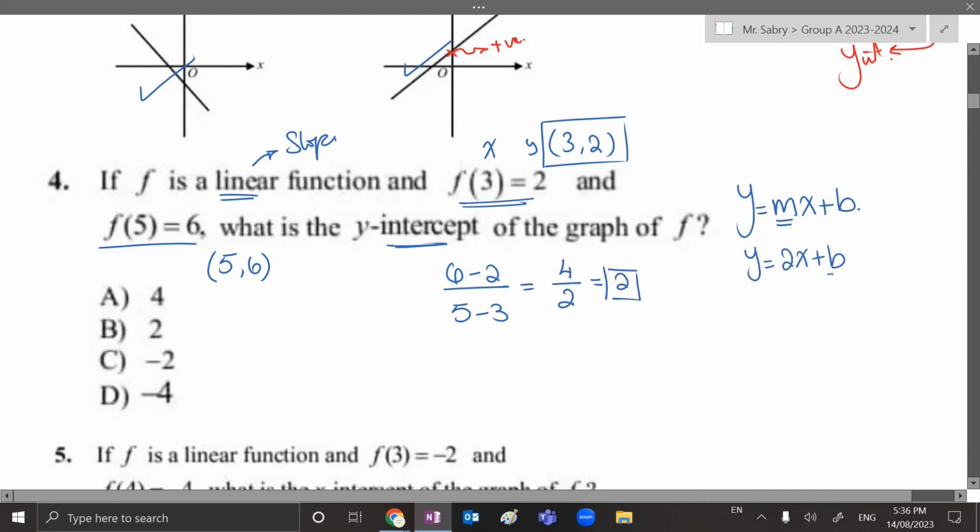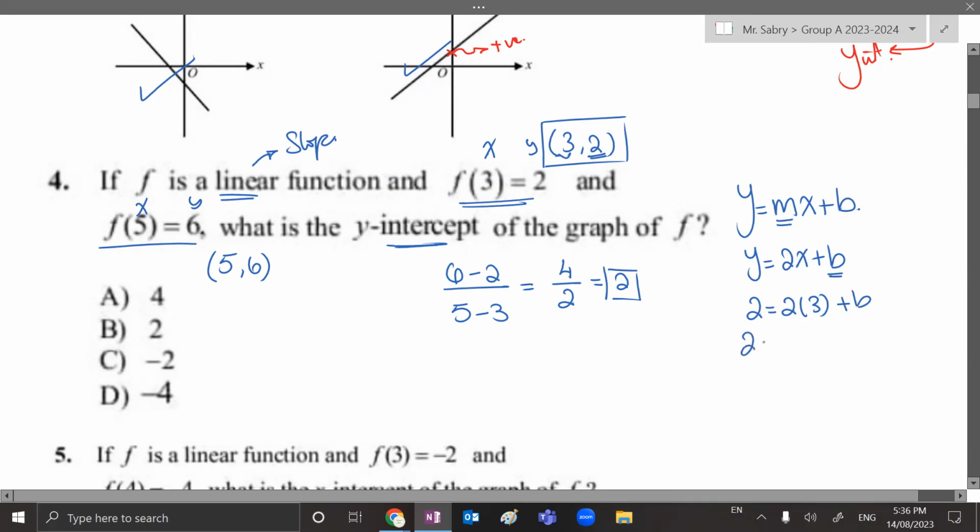How can I find the b now when I'm not given a point that has x equal to 0? I can use any of these 2 points because every one of those has x and y, as we said. So I can put, instead of the y, for example, this 2, and instead of the x, this 3, with the 2, and I leave the b as unknown.